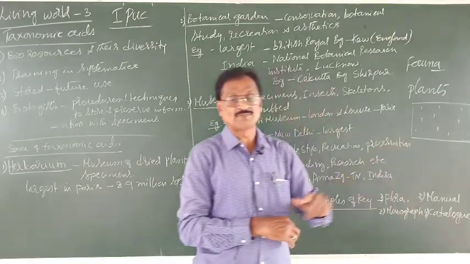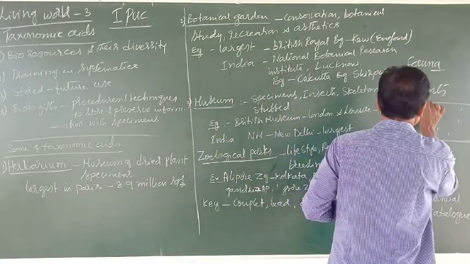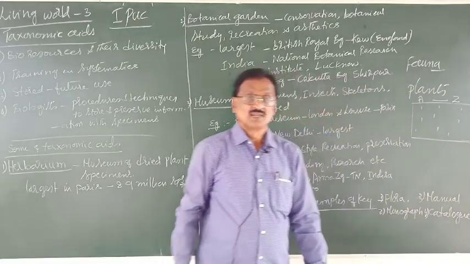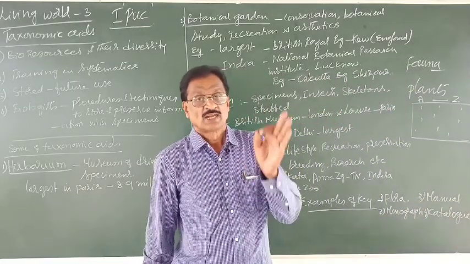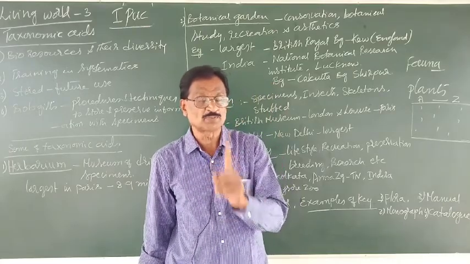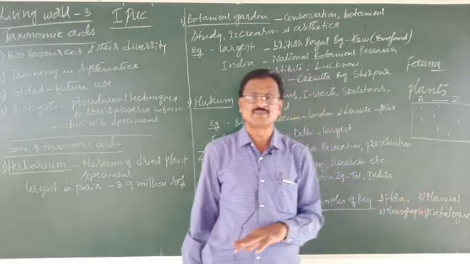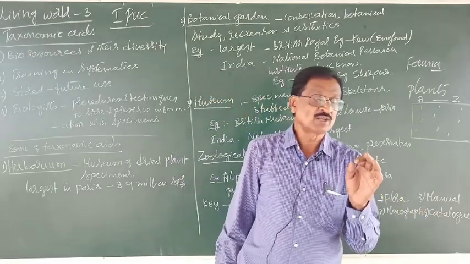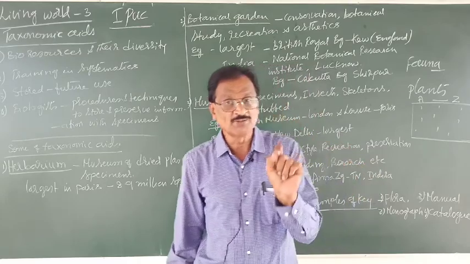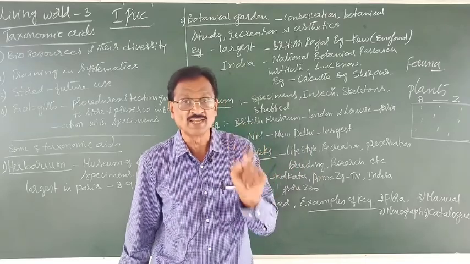Then monograph. Say for example here there are A to Z plants. If you study only one particular plant species of that area, then it is called monograph. So monograph refers to the study of an individual plant species found in a given area.